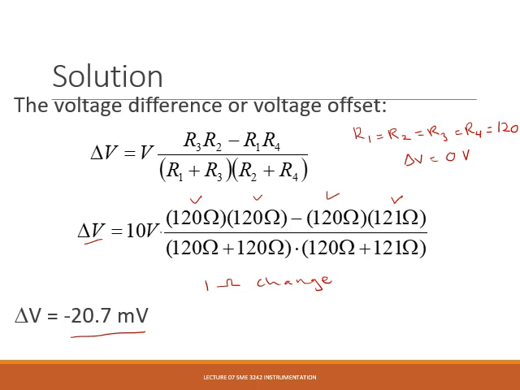But then the value of R4 changes from 120 to 121, so the resistance increases by 1 ohm. Due to that 1 ohm change, the Wheatstone bridge gives a reading of minus 20.7 millivolt. This shows you how sensitive the Wheatstone bridge is.